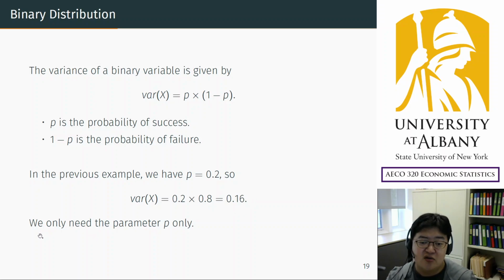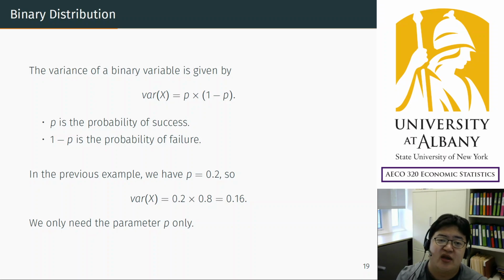So again, the point here is we need only one parameter, P. If you know the parameter P, then we have the full distribution table: probability of success, probability of failure, and then we can calculate the mean and the variance. So this is an example of scientific model simplification by assumptions. One parameter can do everything in a binary distribution.